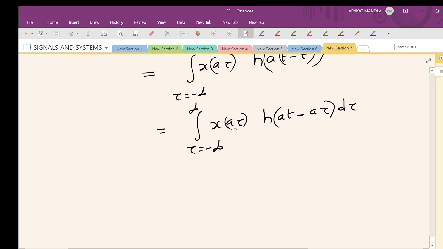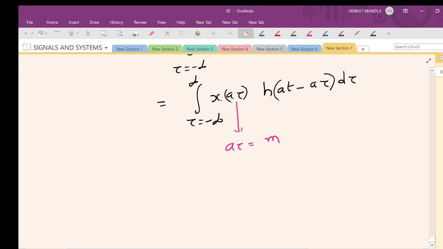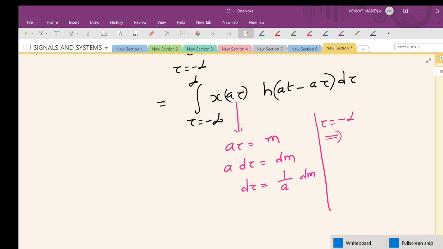Now let us say a tau equal to some m. Then a into d tau equals dm, so d tau equals 1 by a dm. For the limits, when tau equals minus infinity, m equals a into minus infinity.